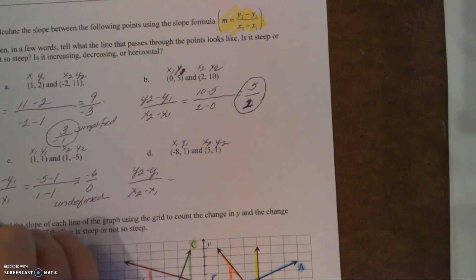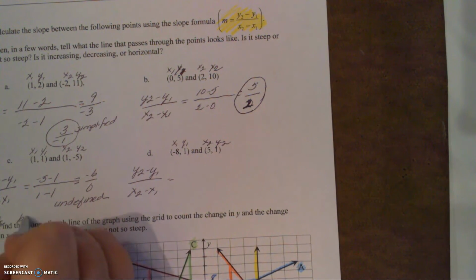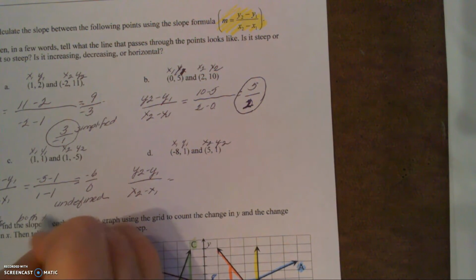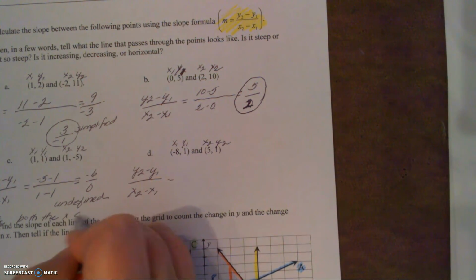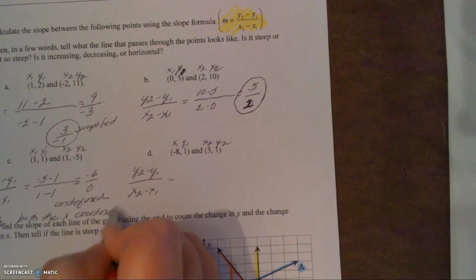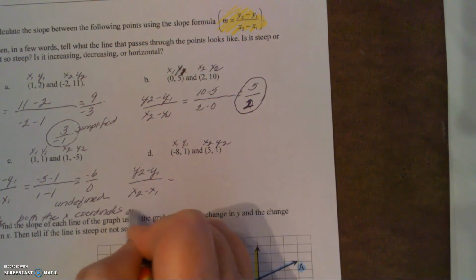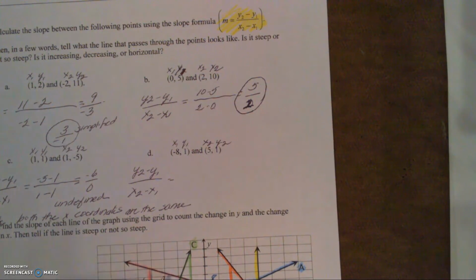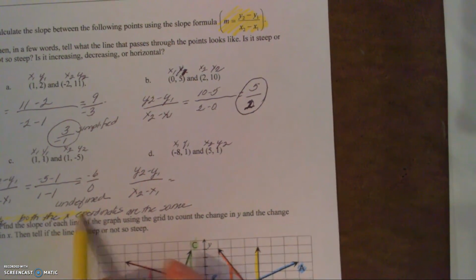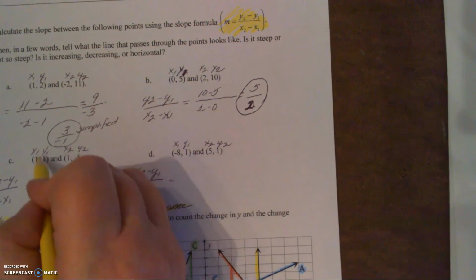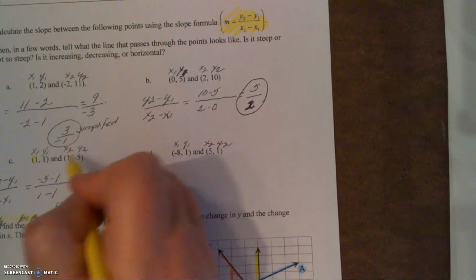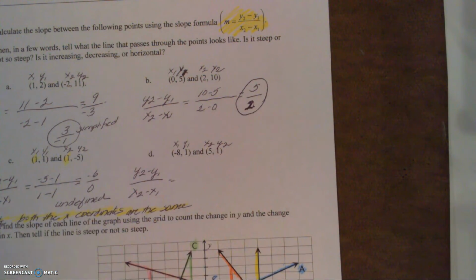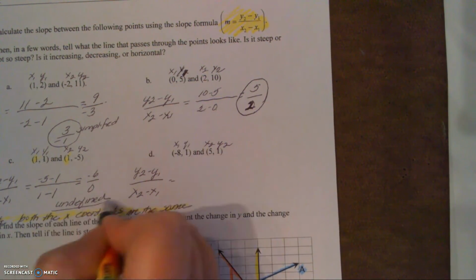And I want you to note that both the x-coordinates are the same. Okay? So if you look at this, both the x-coordinates are the same, and that will give you an undefined slope.